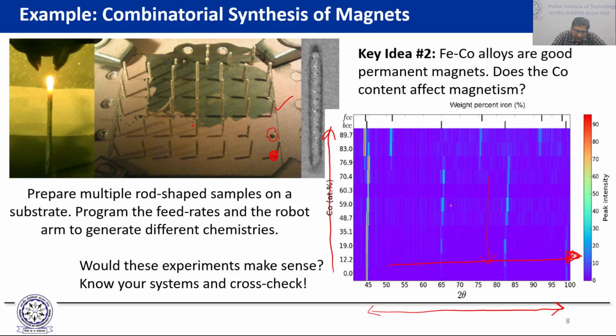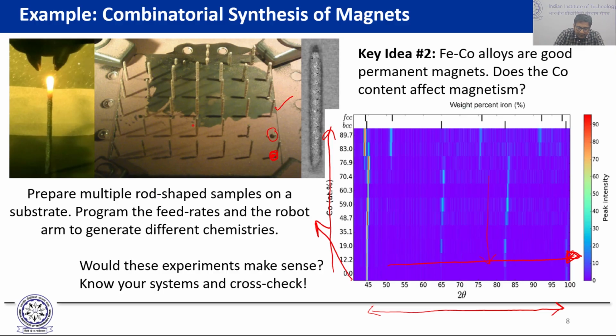And then the color of these streaks, which basically represent the peaks at those different compositions, gives you the peak intensity. So in that sense, think of a 3D type of diagram with the peak intensity coming out of the plane of this slide along the z-axis.